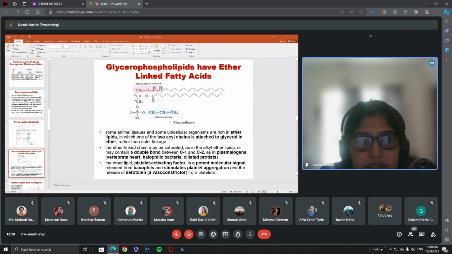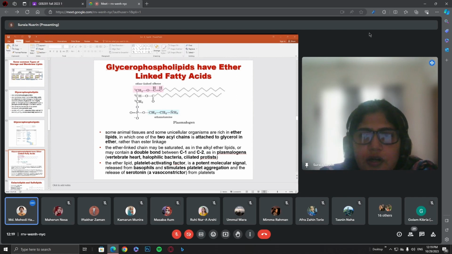If you go back to the previous slide where the table is there, this one is almost having the same structure, there is only a difference in the number 1 carbon of glycerol bonded to the fatty acid, whereas the rest of the structure is the same as the previous glycerophospholipids. Here you don't need to write the whole structure of the fatty acid.